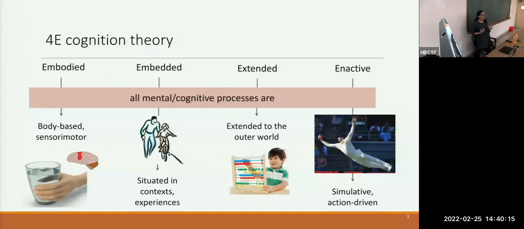And the fourth thing, the enactive idea, is that cognitive processes are based on action. So it's based on movement, and we can therefore also use them to simulate, to predict what is happening in the world, right?